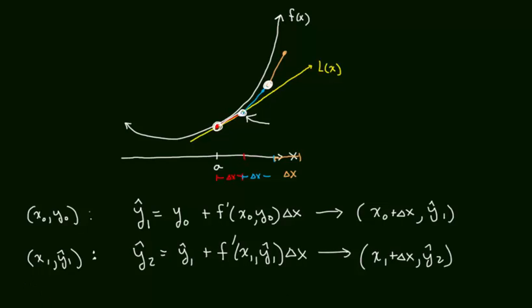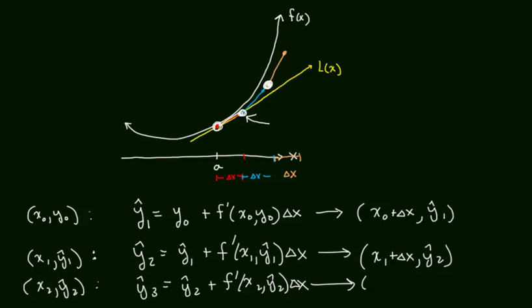Continuing on, we have x2 comma y hat 2, y hat 3 is going to be the y hat 2, plus f prime at x2 comma y hat 2. Change in x, bringing us to x2 plus change in x, comma y hat 3. That would bring us out to here.